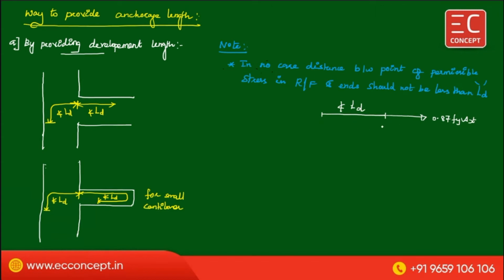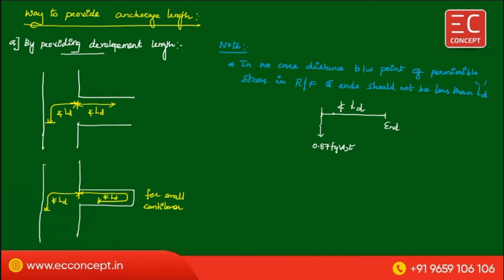Okay, so for example, I can consider that 0.87 Fy AST starts here. Therefore, I can call this the end point. This is one.